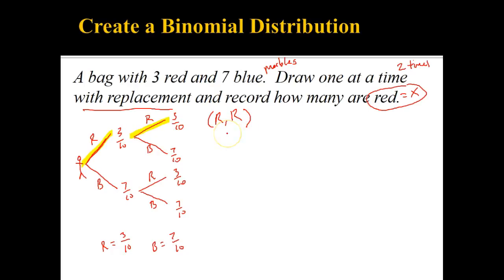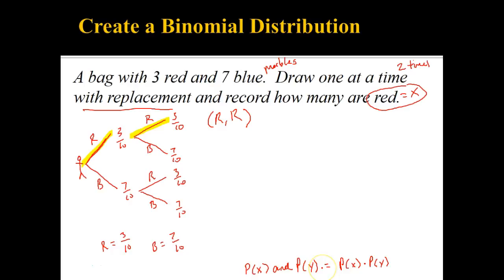And what's the probability of doing that? In the lesson, it makes a point of saying that the probability of doing 2 things, here's what it says: the probability of x and the probability of y is equal to the probability of x times the probability of y.